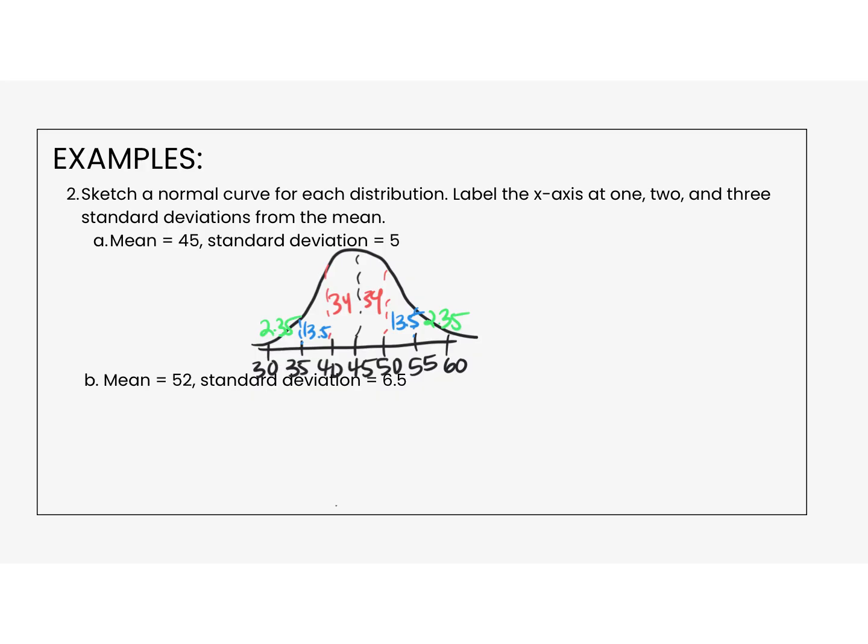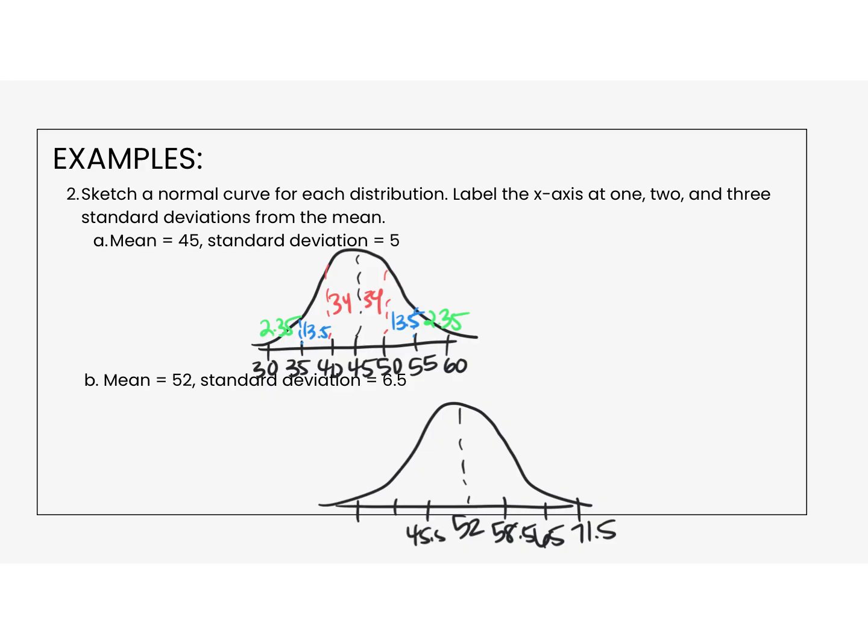Okay, same thing. I'm going to draw another one. The mean is 52. Standard deviation is 6.5, so I'm just adding or subtracting 6.5. So 58.5, 65, 71.5, and then the other way, 45.5, 39, 32.5.